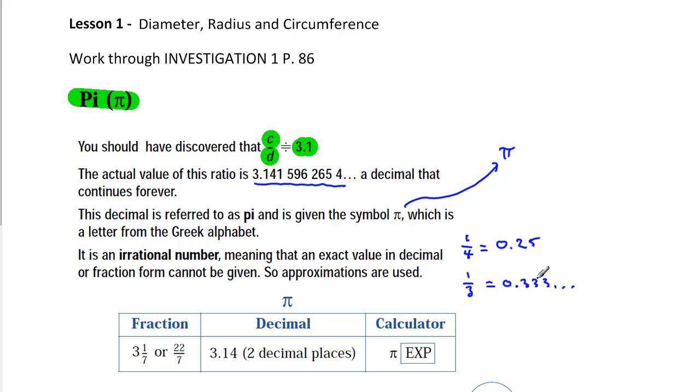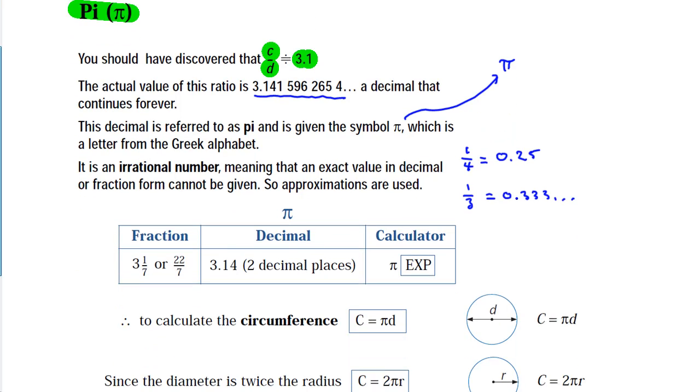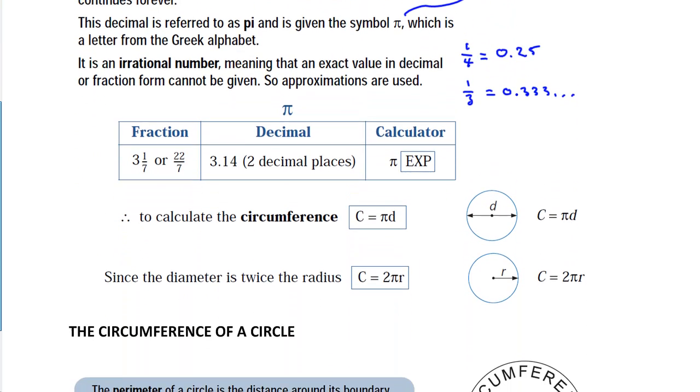These decimals here can be written as fractions, but pi can't be written as a fraction, so we call it irrational. And we do know that there are a couple of fractions that get very close to pi, 3 1/7 and 22 over 7. They actually get very close to pi, but they're not exactly pi. So that's why we call it irrational.